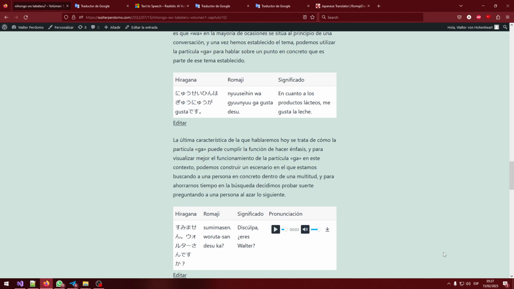Remember, everyone is wearing masks, so it's impossible to guess who is behind the mask. So, are you Walter? Here in this sentence, we don't see a wa, but we can assume the wa is there because we're talking about this person.